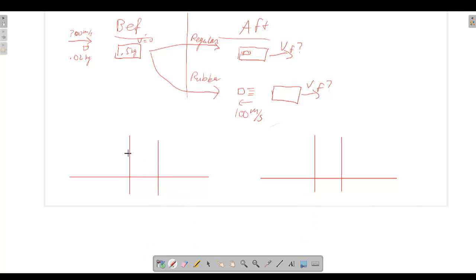Okay, there's our bar charts all set up. So the system I'm going for both is going to be the bullet and the block, which I'm going to call wood because they both start with B and I need to differentiate them somehow. So the system is the bullet and the wood. So we have our initial momentum for the bullet, and initial momentum for the wood, and we'll call this the rubber. This will be the rubber bullet. And this will be the regular.